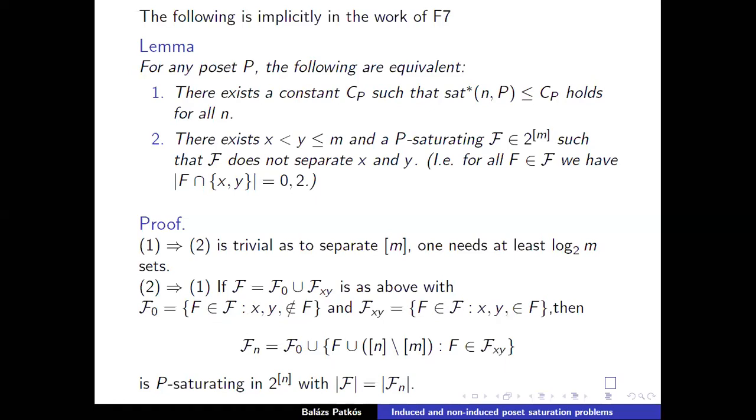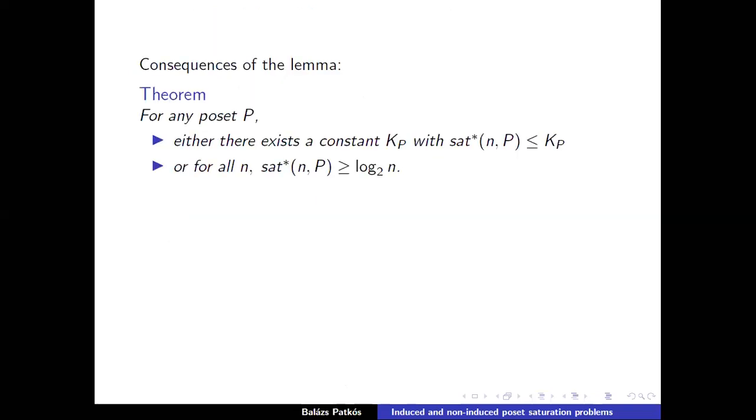Okay, so this is the statement: the induced saturation number is bounded by a constant if and only if there is a p-saturating family that is not separating. Now, what are the consequences of this lemma? First of all, there is a dichotomy phenomenon, meaning that the induced saturation function is either at most a constant or it is at least log of n.